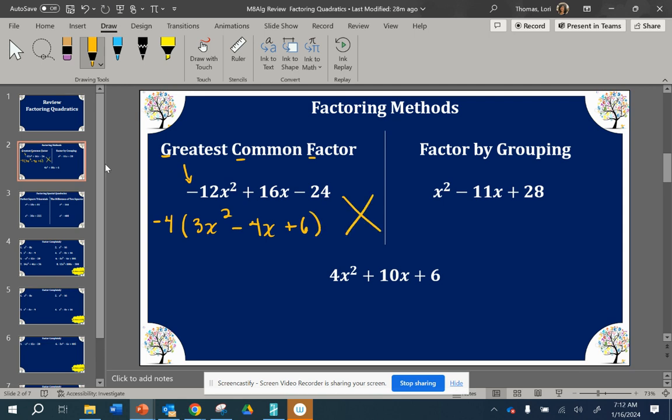Now let's ask if this quadratic can factor further into some binomials. And so we're going to multiply our new 3 and our new c, and we get 18, and then our new b is negative 4. So if we list the pairs of factors of 18, we have a short list here.